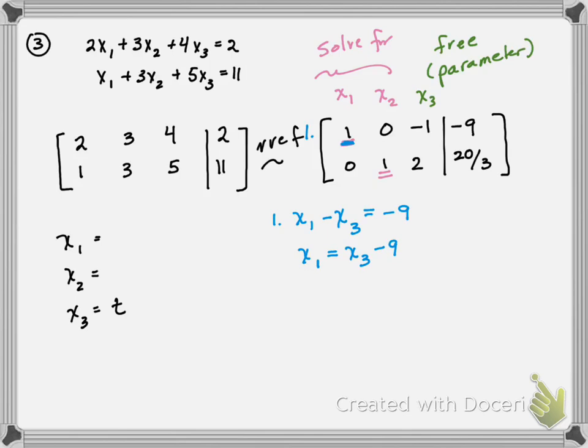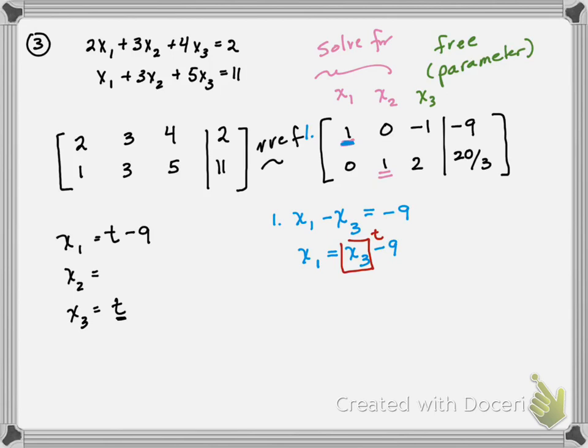Notice x1 depends on x3, on your choice of x3, because we can choose whatever x3 is, and x3 we decided to just call t. So x1 will be t, whatever you choose for x3, minus 9. And again, t is any real number. I can choose anything I want, but the moment I choose x3, it will determine what x1 will be. It will be my choice of t minus 9.